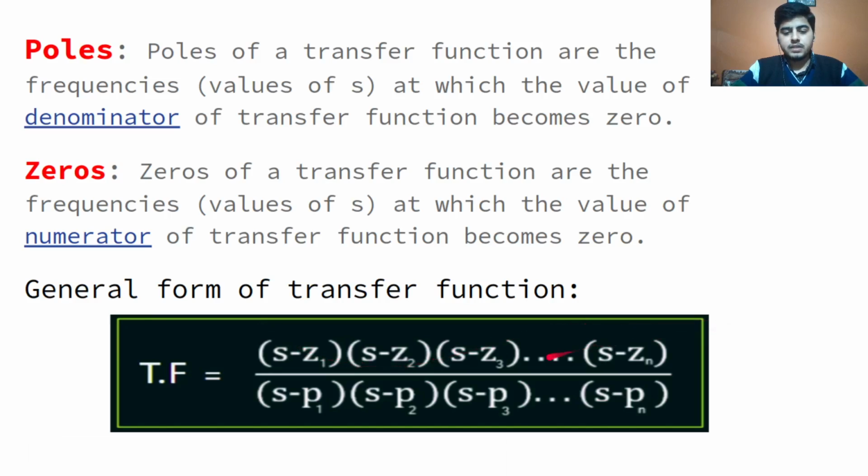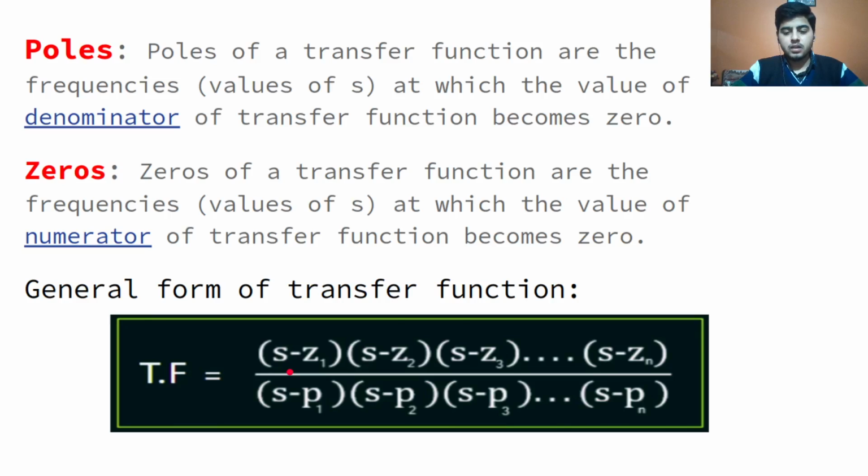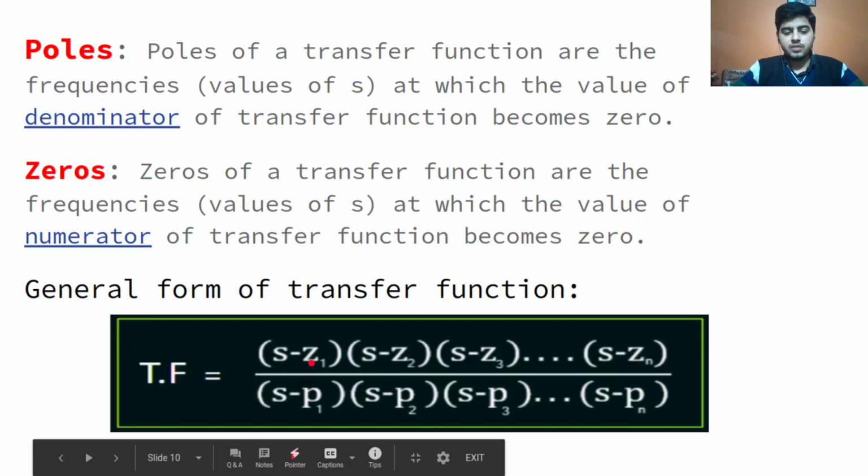Here z1, z2, z3 up to zn are all zeros, and p1, p2, p3 are poles. When s is equal to z1, z2, z3 up to zn, the value of the transfer function will be 0, and when s is equal to p1, p2, p3 etc., the value of our transfer function will be infinite.